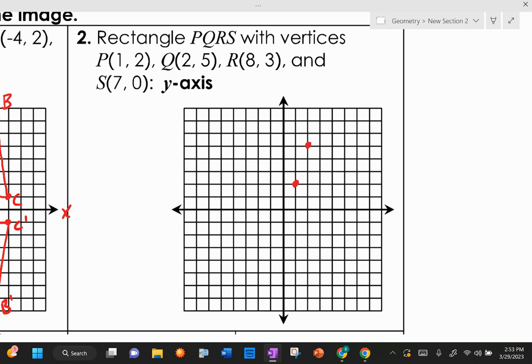The PQRS, let me see. No worries. And go ahead and flip it whenever you're ready.